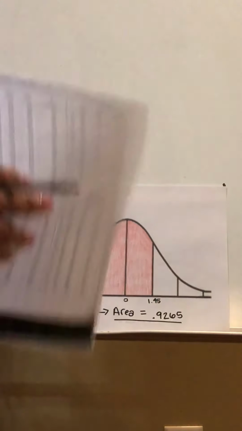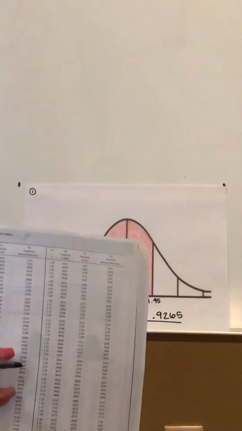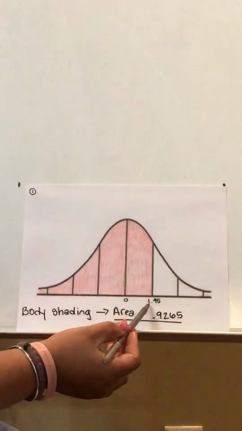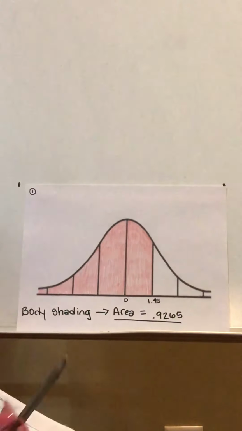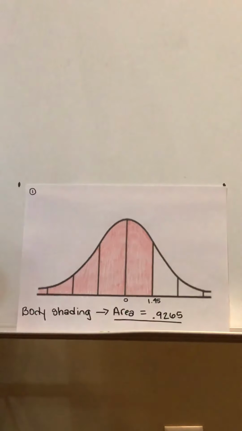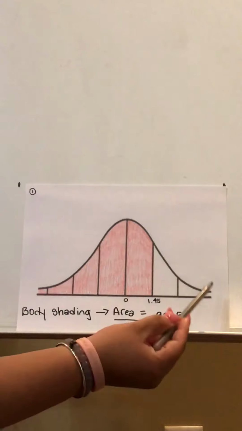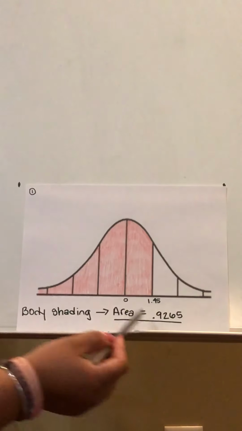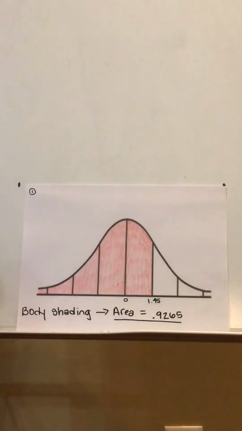You go to the Z-score of 1.45, you look for body, and you find that particular measurement. Keep in mind, you can't go over 1, so all of your areas should be less than 1. If your decimal is greater than 1, then you have messed up.